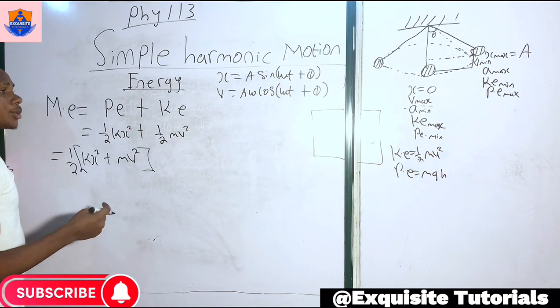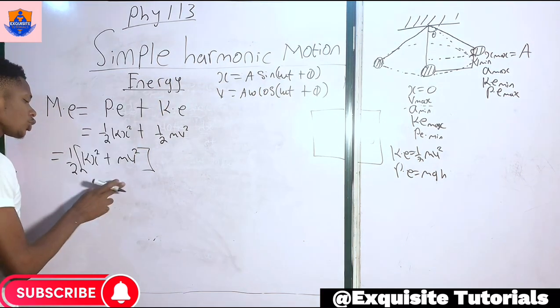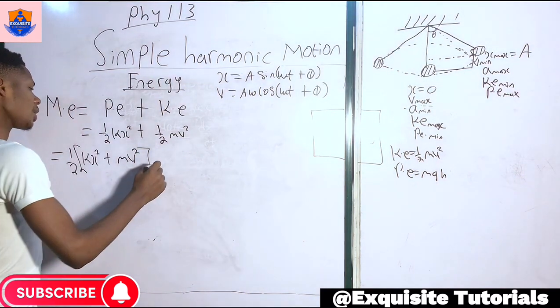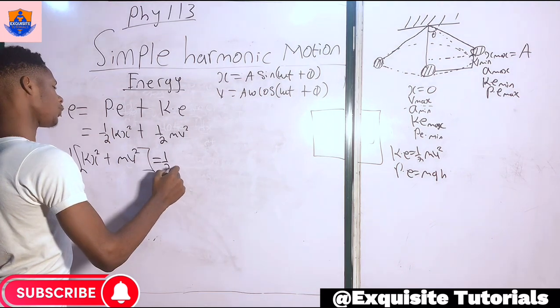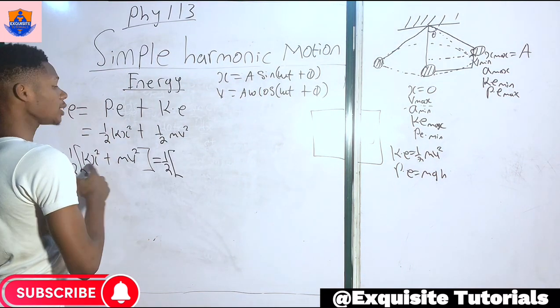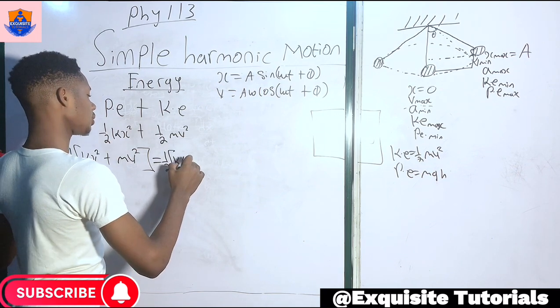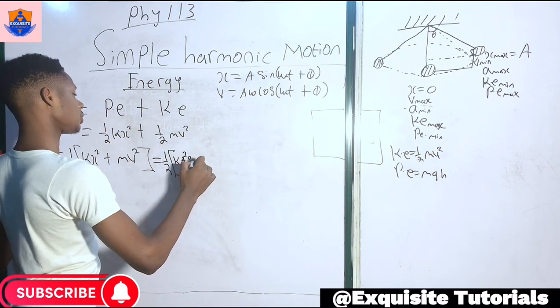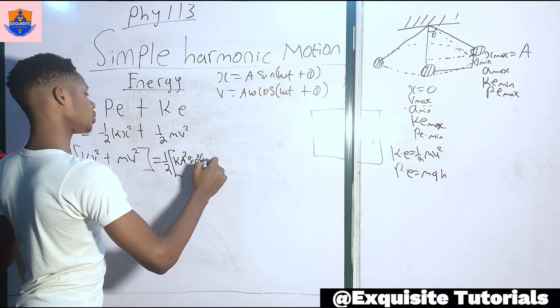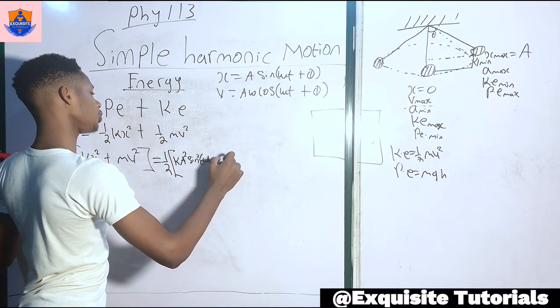So what we want to do is substitute those two equations into this formula you are seeing here. We are going to have 1/2 in brackets k, the constant, and the displacement, which is a squared sin squared(ωt + φ).